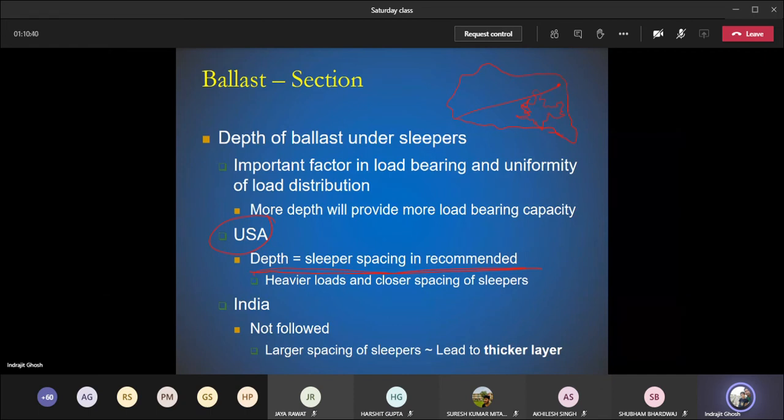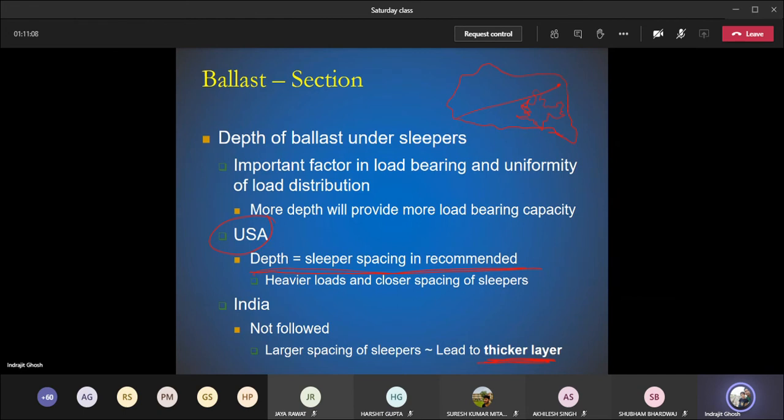Now, if we follow the United States and say that sleeper spacing is equal to depth, it will be a thick layer of ballast. The crushed stones or broken stones from igneous rock are expensive. We are saying initial cost is high, and we are saying that we need thicker layers, so obviously cost will increase, everything will increase.